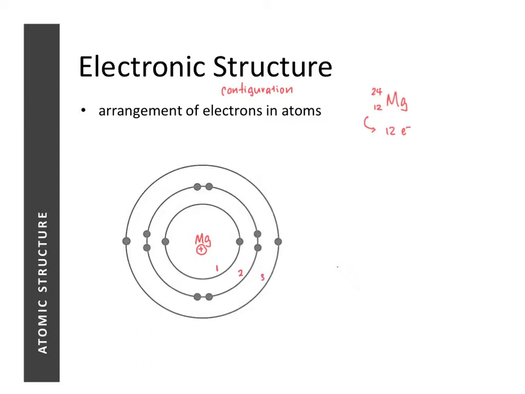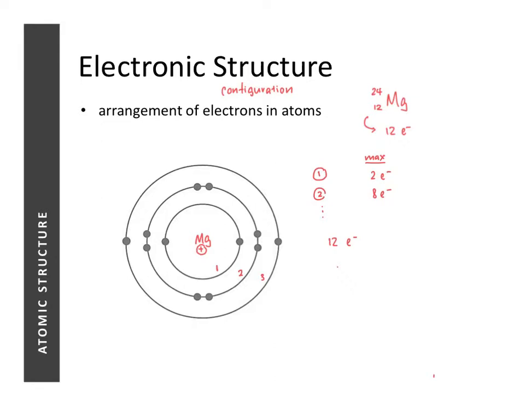Now, to know how electrons are arranged in electron shells, we need to learn that electron shell number 1 can only have a maximum of 2 electrons. Electron shell number 2 and onwards can have a maximum of 8 electrons. So for the case of magnesium, it has 12 electrons. How are these 12 electrons going to be arranged in electron shells?